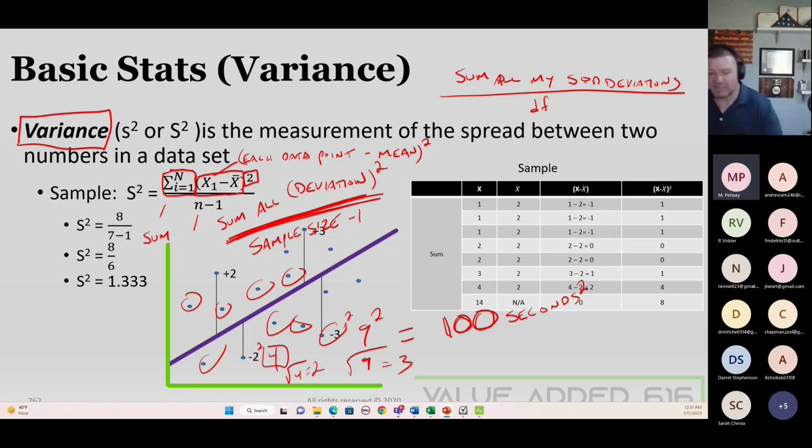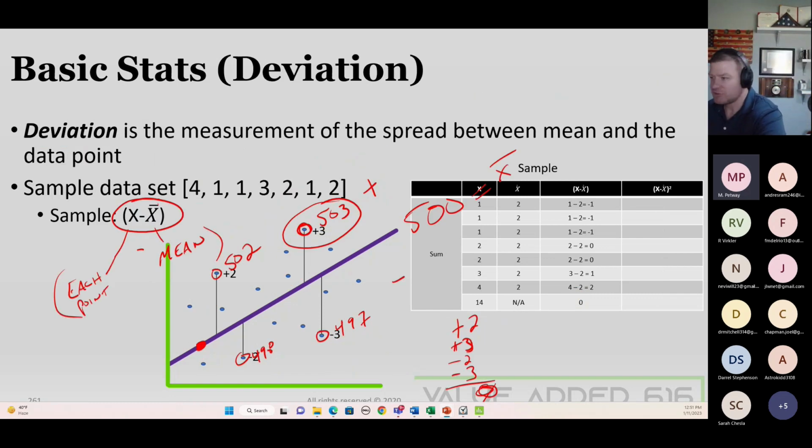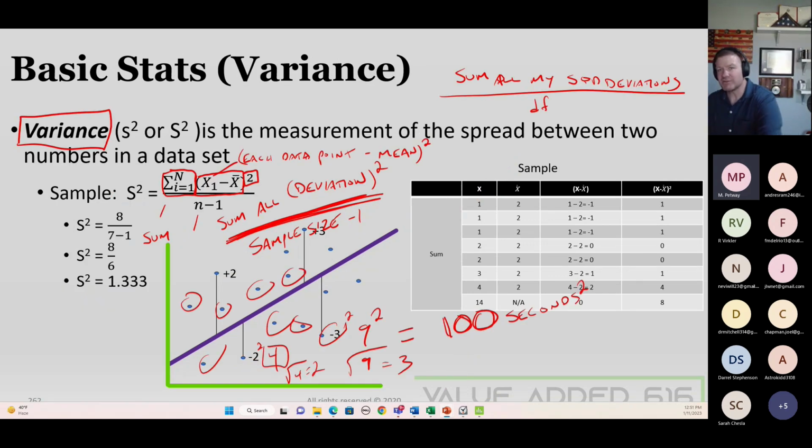But what happens though is, again, we took the deviations, just simply took each data point minus the mean. So how far are they from the mean? Then we squared each of those deviations and we added them all up, above the mean and below the mean, and divided by n minus 1.